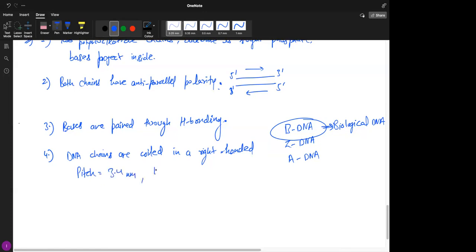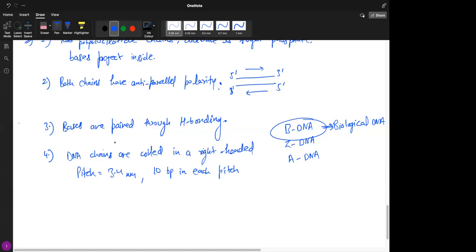And there are 10 base pairs in each pitch. Okay, and this tells you that the distance between two consecutive base pairs is 0.34 nanometer. You just have to divide.